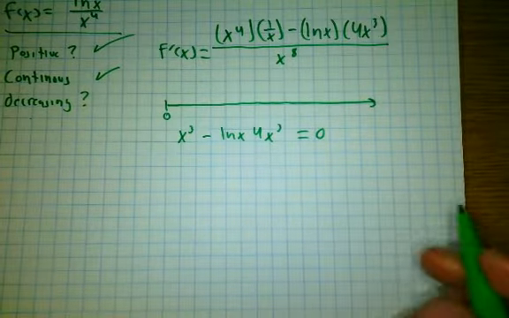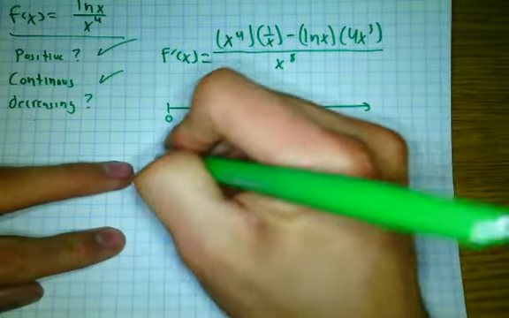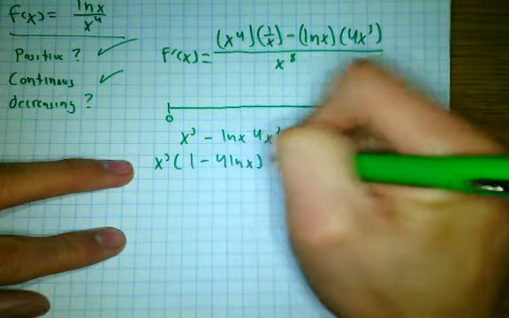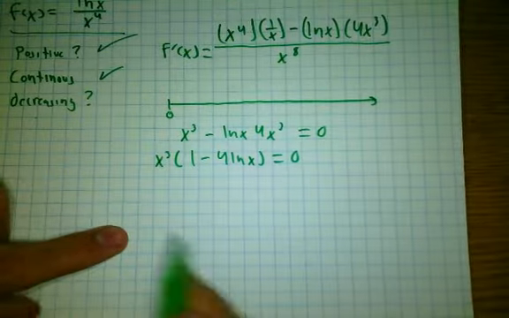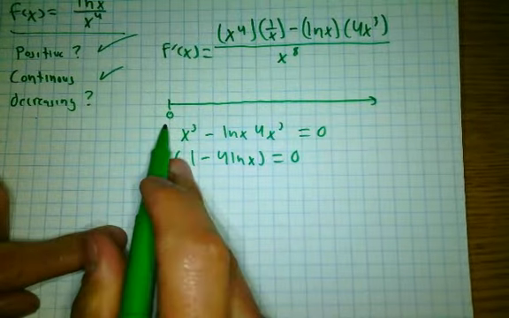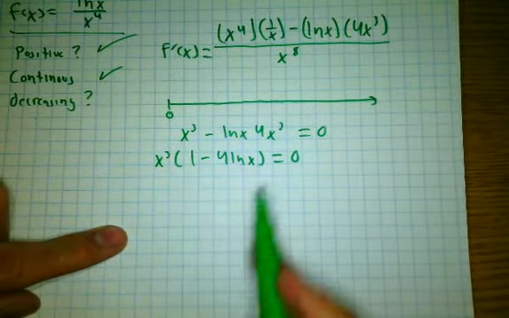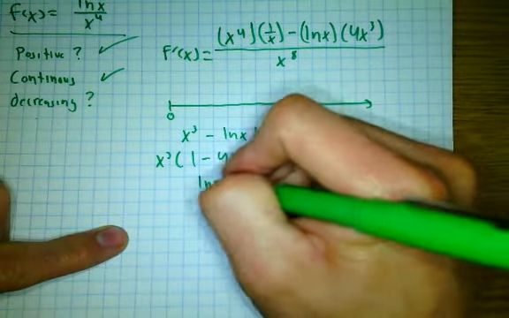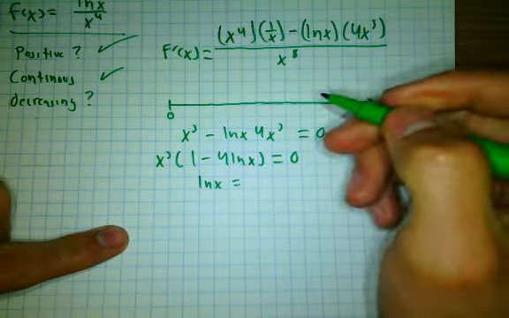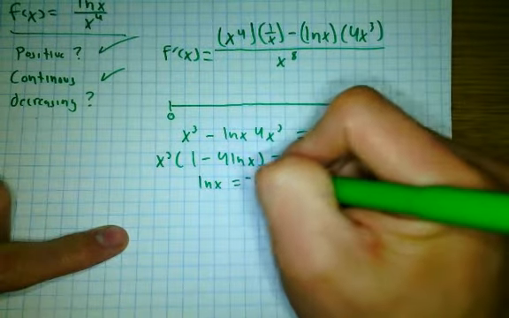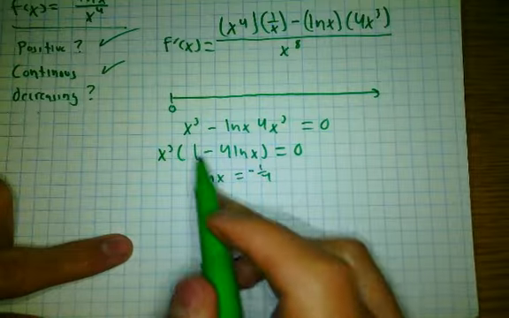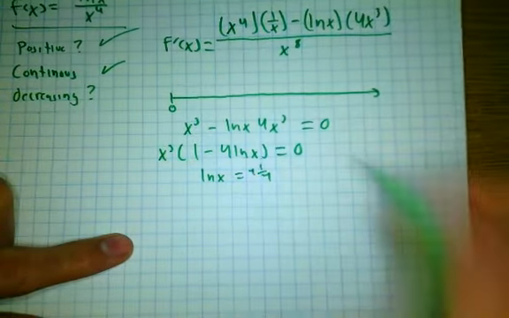Then I would have 1 minus, technically 4 ln x equals 0, right? x equals 0, we already have it there, right? So now we just have to set this equal to 0. You with me? So that means I have ln x is equal to 1/4. Yes? Because I'm going to subtract and divide. Yes? So what is x?